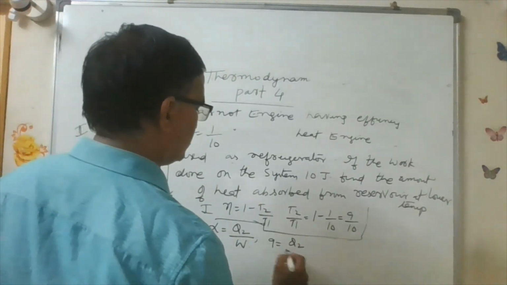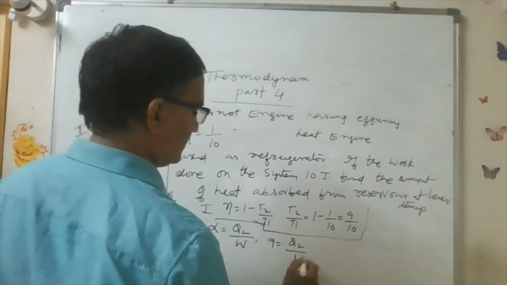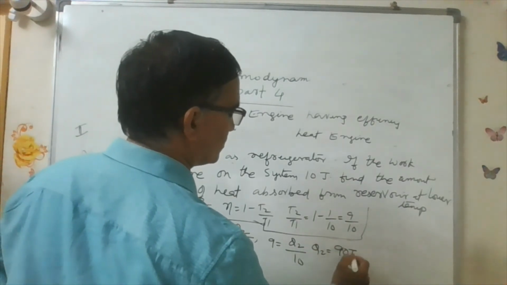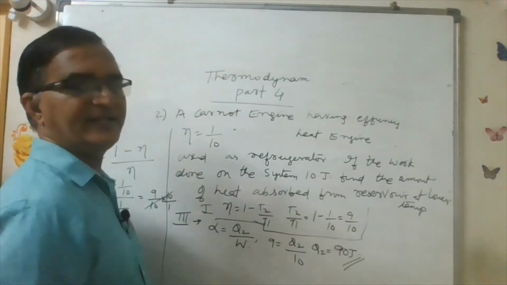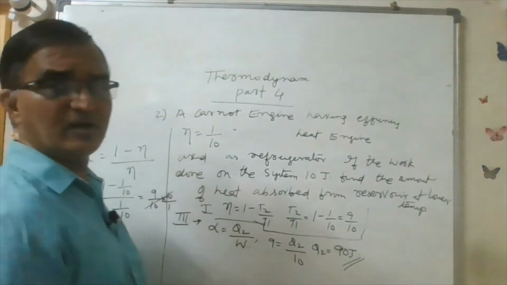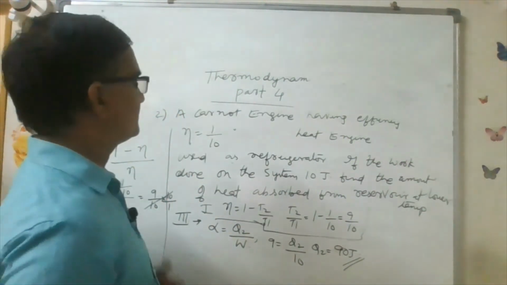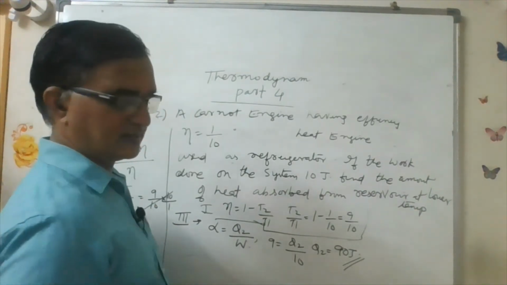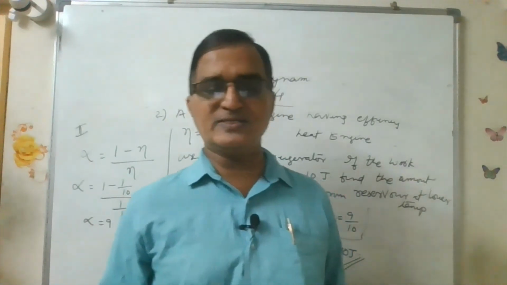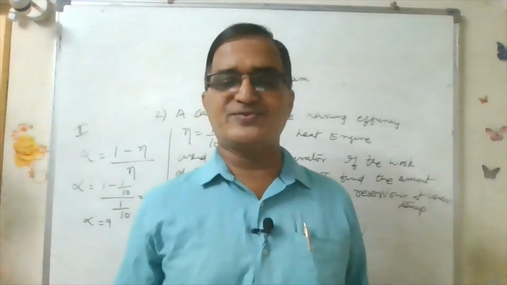Q2 is equal to alpha times W, and how much work have you done? 10 joules. So here Q2 is equal to 90 joules. This is the answer, 90 joules, for the refrigerator. Okay, these are the problems. Next class we'll discuss graphs. Okay, thank you.